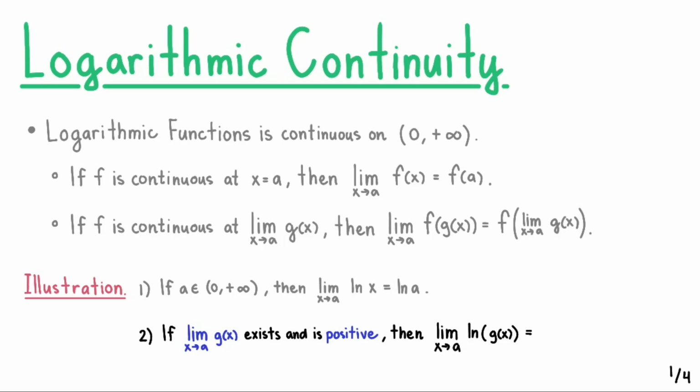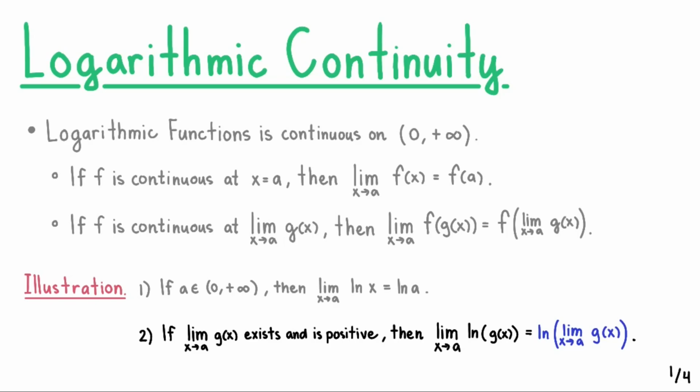This means that we can apply the second property, since it is in this interval, so we'll move ln outside of the limit. Simple as that. These two are just basic illustrations, but later on we'll try out real values in applying these properties. So basically, we connected the bridge between continuity and limits for this part.